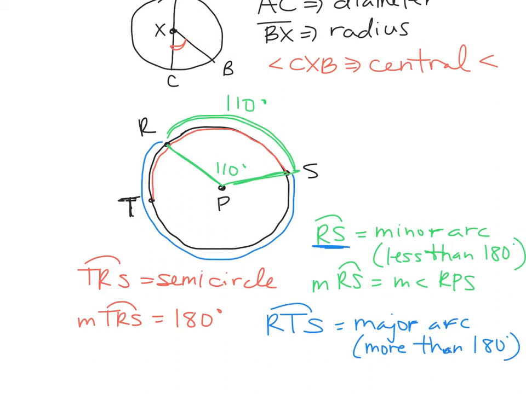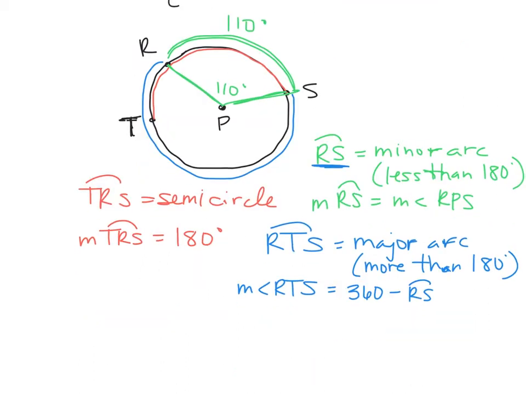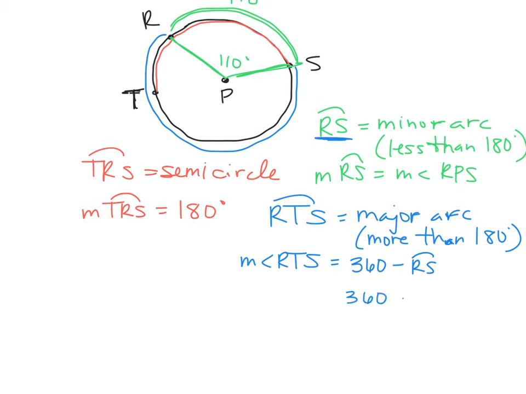Okay, and then the measure of it is the same way we do the measure of the minor arc. So if a whole circle is 360, you're going to do 360 minus arc RS. So in this case, it would be 360 minus 110. So that would be 250 degrees for the measure of arc RTS.